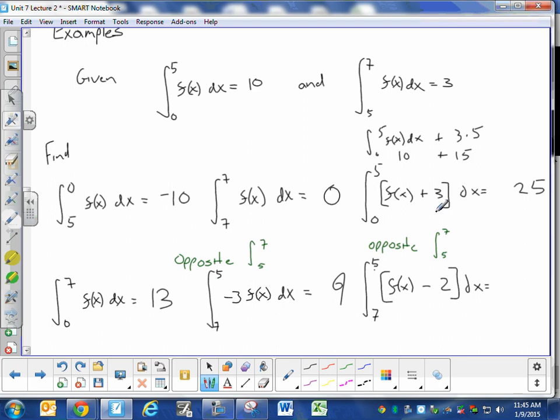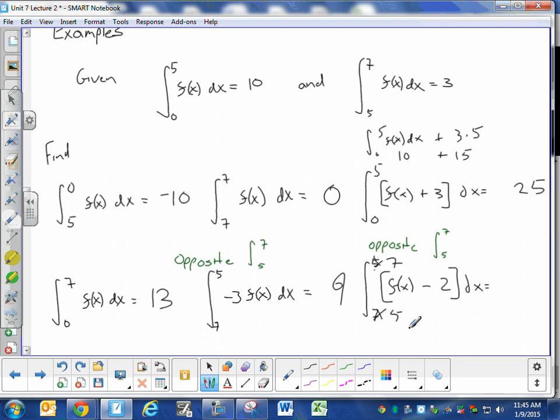So that brings me to the last one. We got from 7 to 5 of f of x minus 2. Well, I'm immediately just saying, listen, let's forget about the 7 to 5 going right to left. Let's just go from left to right, and whatever I get, I'm going to take the opposite of it. So I think from 5 to 7. Well, if this is 5 and 7, then it's just the area under f plus this rectangle that's going to be a height of -2 and a width of 2.